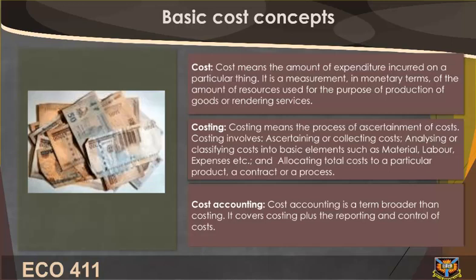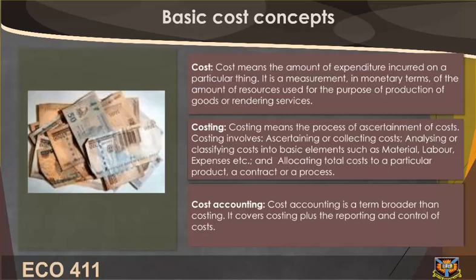Costing means the process of ascertainment of costs. Costing involves ascertaining or collecting costs, analyzing or classifying costs into basic elements such as material, labor, expenses, and so on, and allocating total cost to a particular product, a contract, or a process.